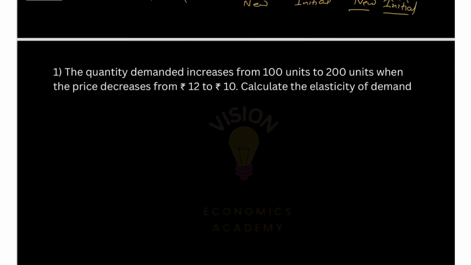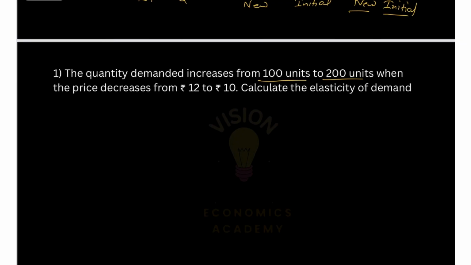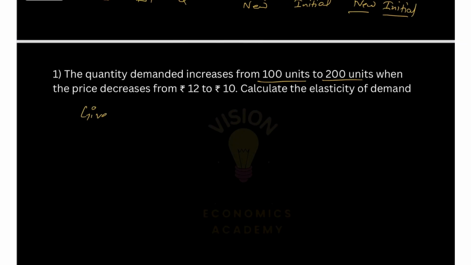The quantity demanded increases from 100 units to 200 units when the price decreases from 12 rupees to 10. So what's given over here is the price which has decreased from 12. So 12 is the old price and the new price is 10.